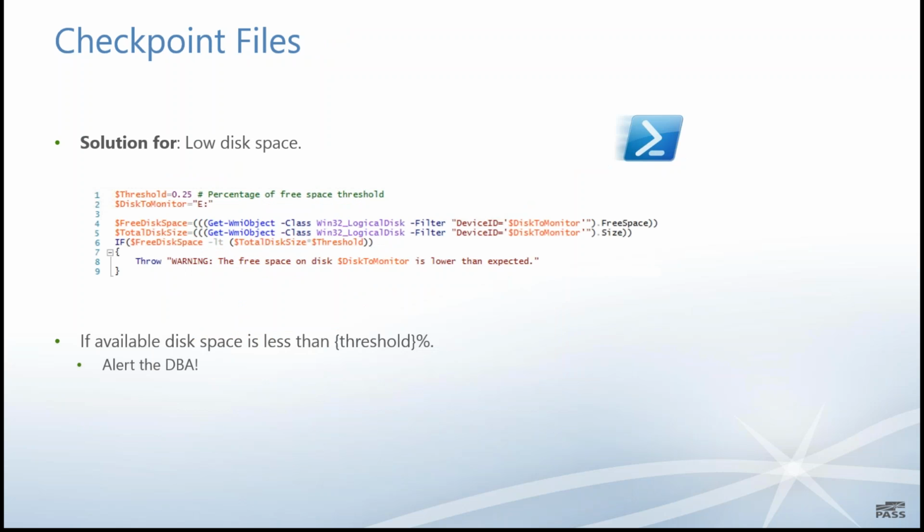Most of the monitoring tools nowadays are checking for disk space, but I built also a PowerShell script that you can execute inside of a job. It's not the best, but you can put this inside of a job or a task inside of Windows. And this is monitoring the disk space. I have also a threshold here, 25%. And when the disk space is less than 25%, I will be alerted as well.